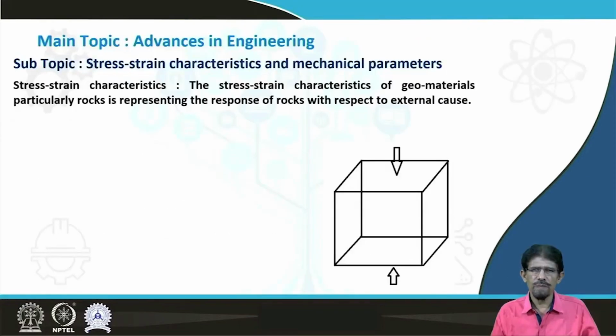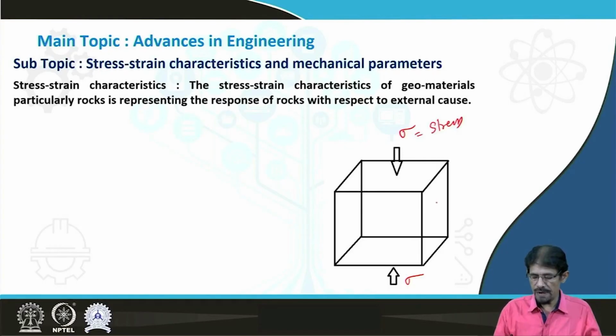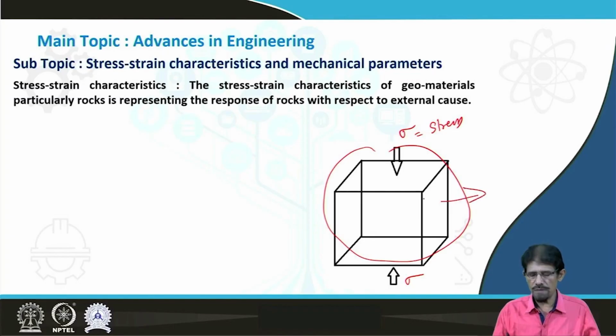As you know, when we stress any rock body or any type of body under compression, if we compress it by applying load in the form of stress, there is a deformation in this body, and the deformation can be measured in the form of strain.